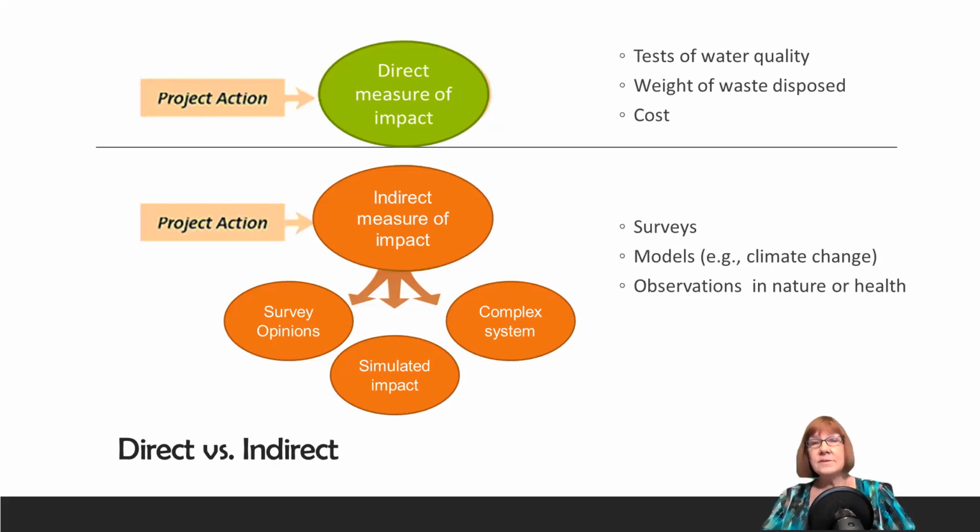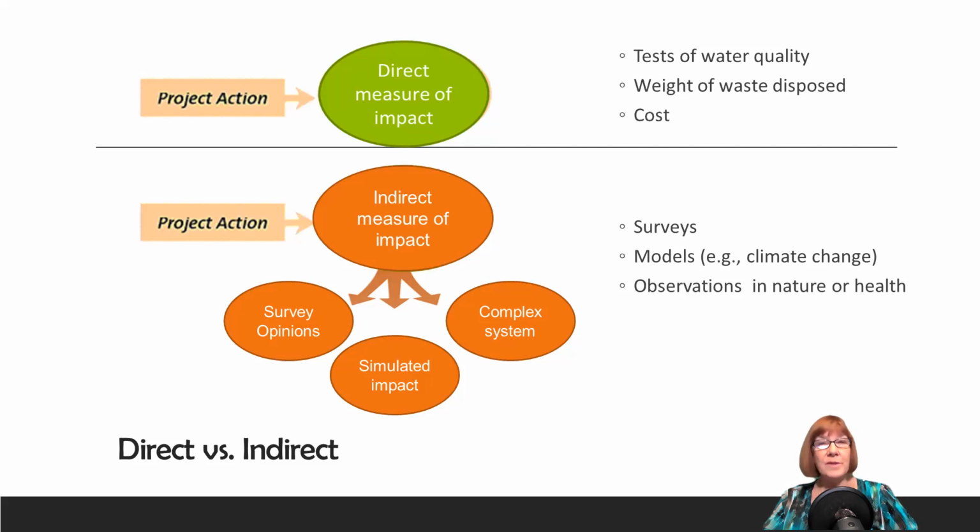A lot of times you can't get a direct measure, or you may think that a direct measure is not sufficient. It won't really give the full picture of what the change has been. So you may need to do an indirect measure of the impact, which could include surveys. It could include models like climate change models or simulated impact. And it could include observations, such as observations in health.